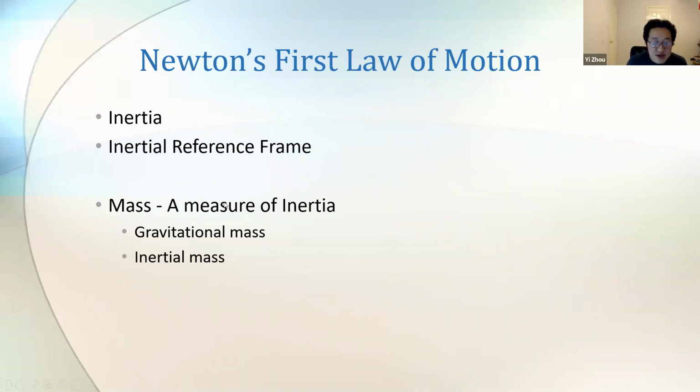Okay, so now, what is mass? It's hard to get a definition of mass, right? You cannot say it's bigger or smaller or denser or something. So what's the way we measure mass?